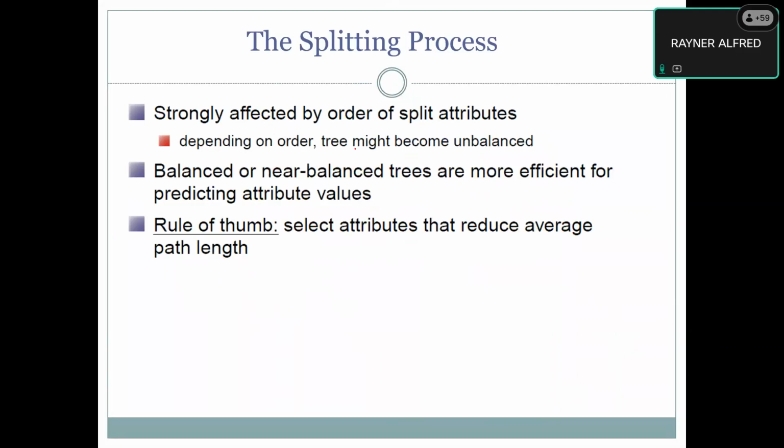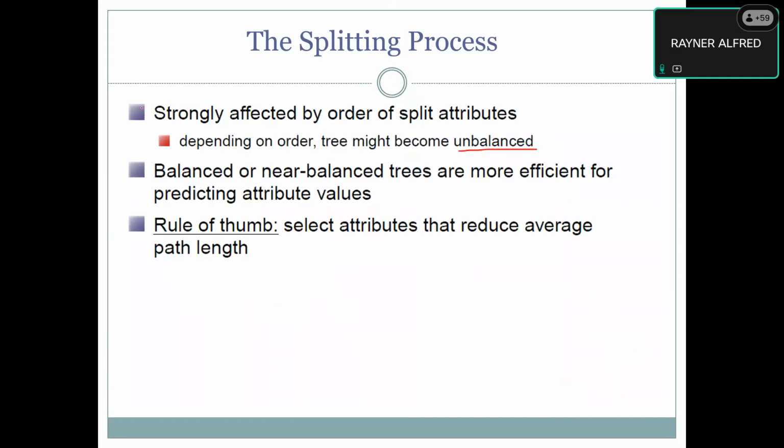And you may have an unbalanced tree. I know that you studied data structures, you studied about balanced trees. How do you balance the tree? By shifting to the right, to the left, and so on, if you still remember. Okay, so we need to have a balanced tree. We do not want too much weight to the left or to the right.